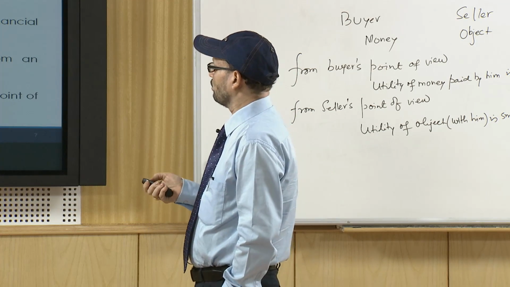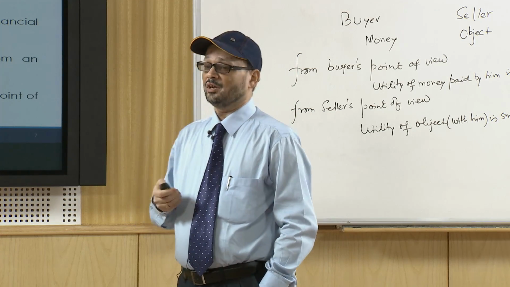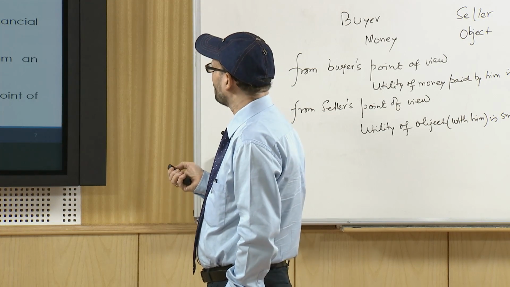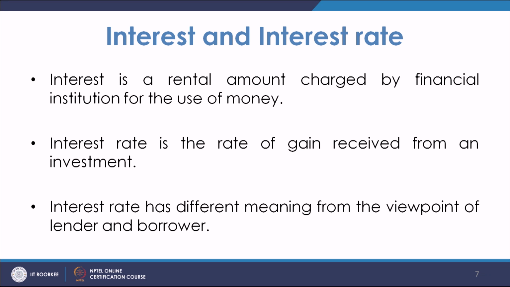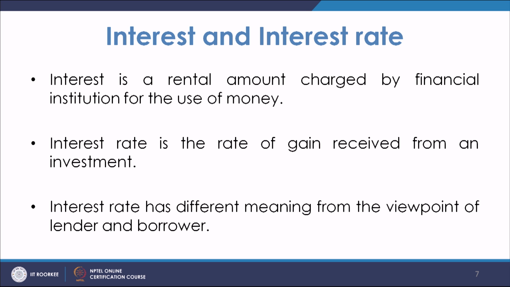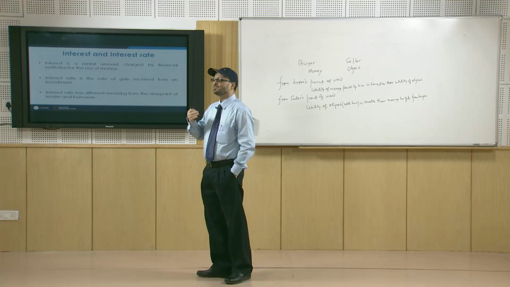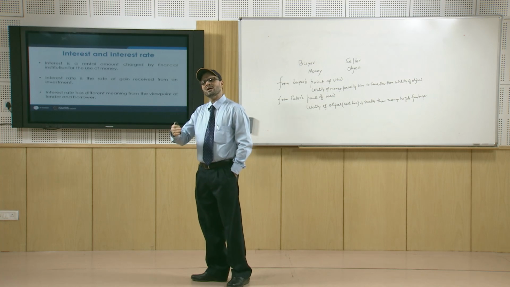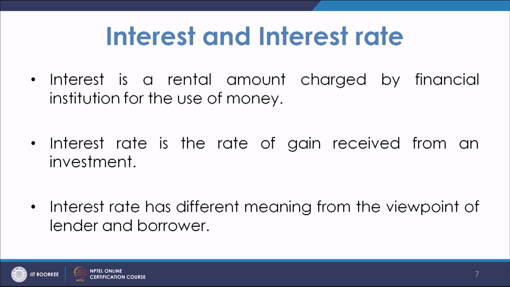Once you have money, it has earning power, and interest is the rental amount charged by a financial institution, because we have different desires and want to fulfill our goals. So, we need money and try to take it from the financial institution, and for that we have to pay extra. Interest rate is the rate of gain received from an investment.